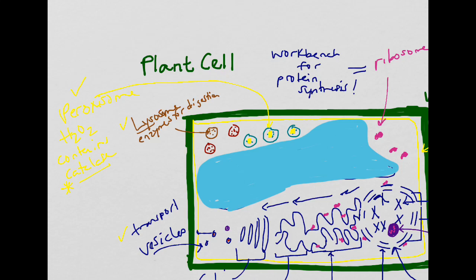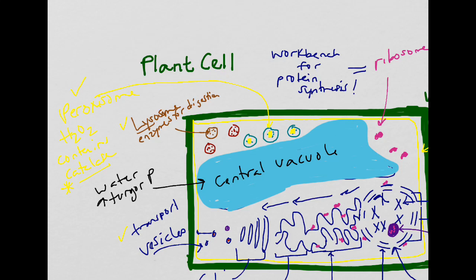So we just drew a central vacuole, a unique structure to find in plants here, and its purpose is to hold water for the plant. Its purpose is to increase turgor pressure. Capital P refers to pressure. Increase turgor pressure.